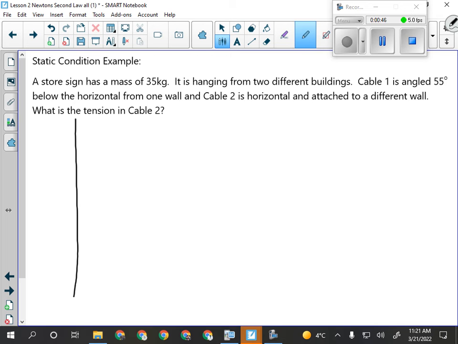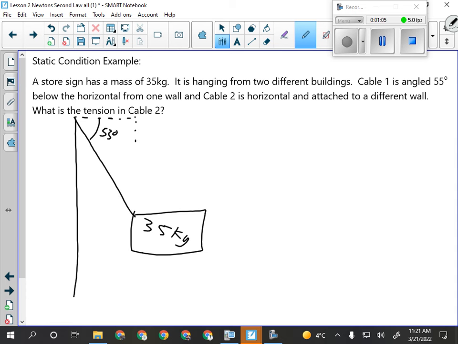So I've got a sign that's got a mass of 35 kilograms. And it's hanging from two different buildings. Cable 1 is angled 55 degrees below the horizontal. That's a 5, not a 3. 55 degrees below the horizontal.